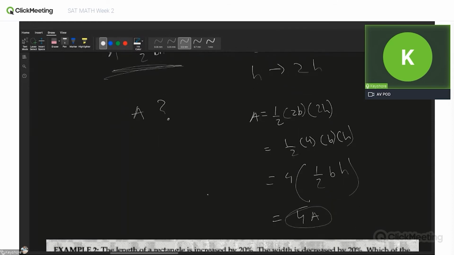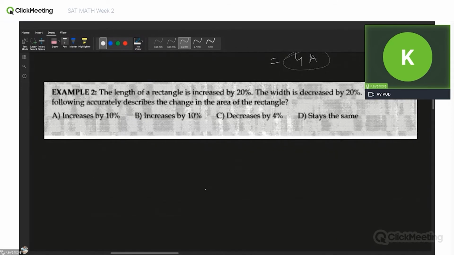We'll actually look at a problem right now. The length of a rectangle is increased by 20%. The width is decreased by 20%. Which of the following accurately describes the change in the area of the rectangle? I'll give you guys some time to do that.